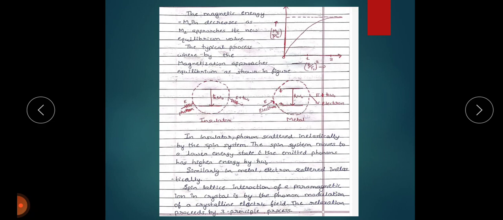At a certain point the magnetization approaches the equilibrium value, and the magnetization value becomes constant with the increase of t divided by t1. This is about equation 12, the magnetization along the z coordinate with respect to time, mz of t, which is equal to m naught into 1 minus exponential of minus t divided by t1.